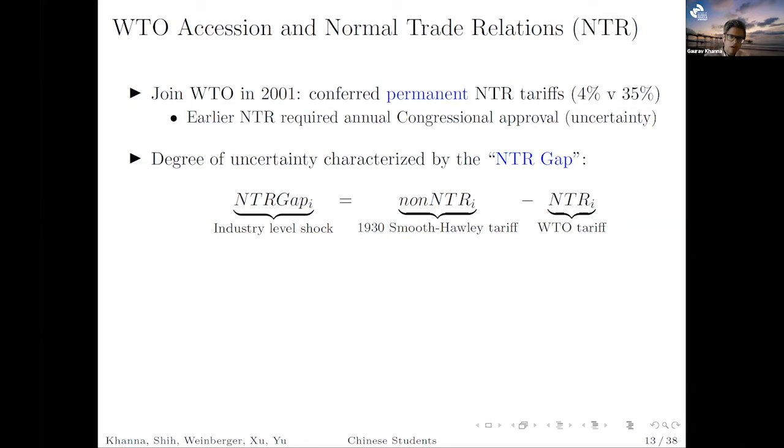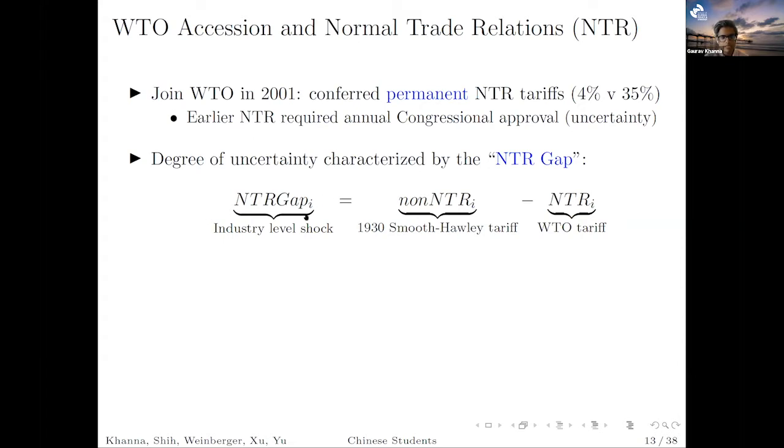Earlier, to have normal trade relation tariffs, you needed the US Congress to approve it every year. And so there was all this uncertainty, which essentially meant Chinese manufacturers didn't invest a lot in these exporting sectors. So joining the WTO gets rid of that uncertainty and allows Chinese manufacturers to really invest in these sectors that now have lower tariffs, right?